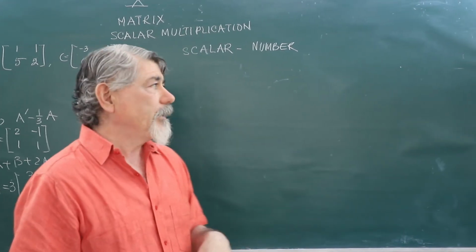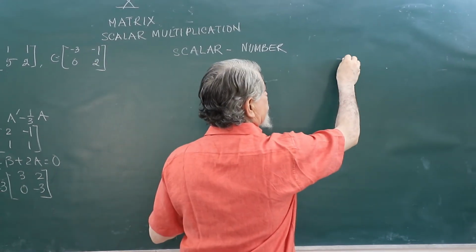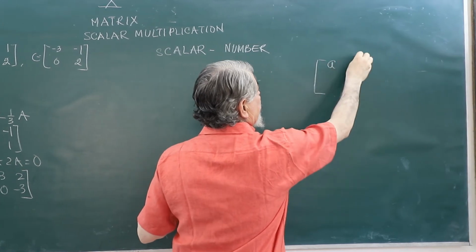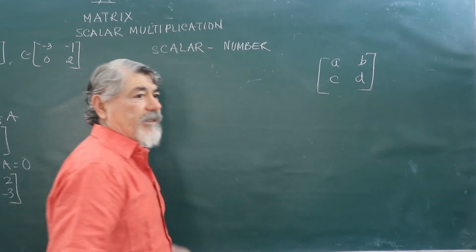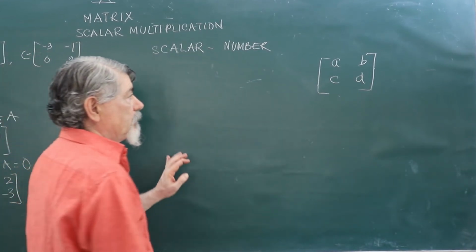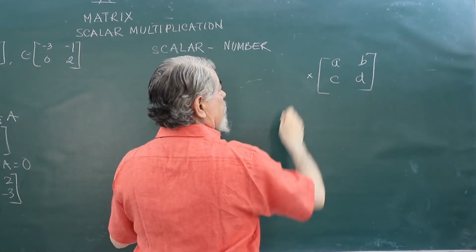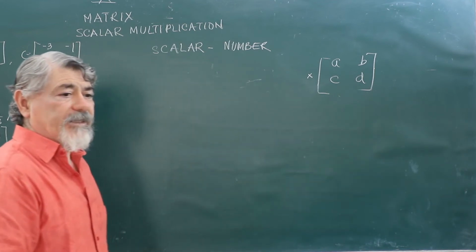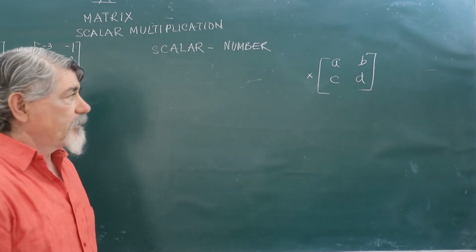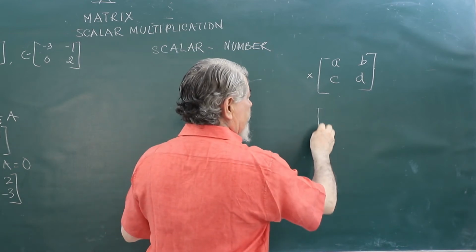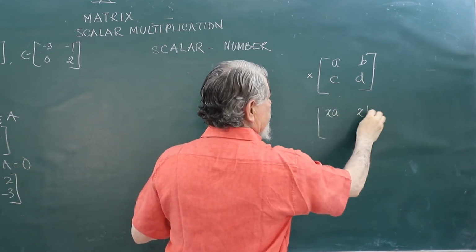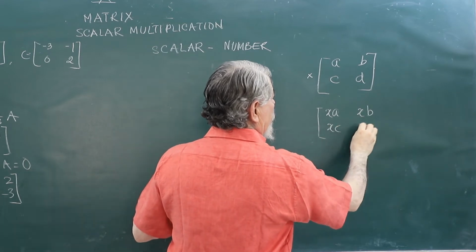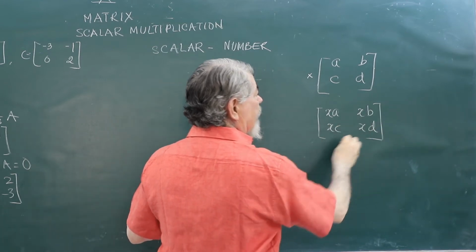For example, if I have a matrix with elements a, b, c, d, and I want to multiply it by a scalar x, then it will become xa, xb, xc, xd.